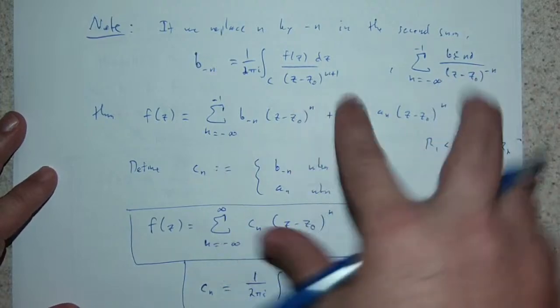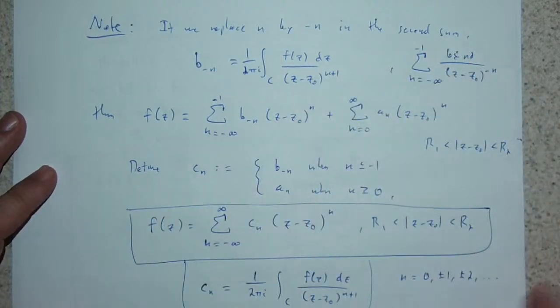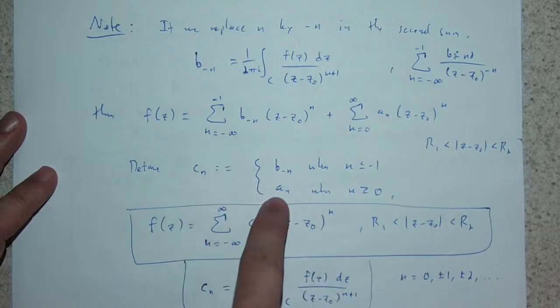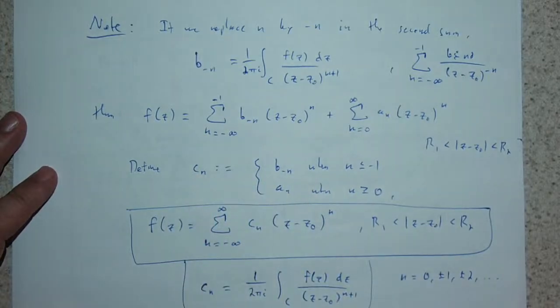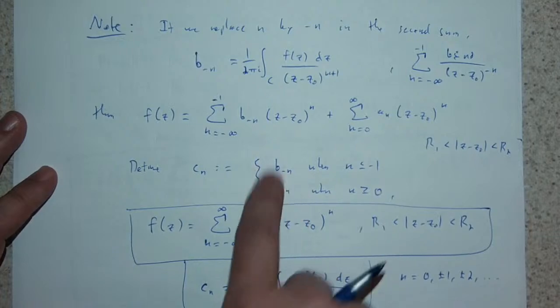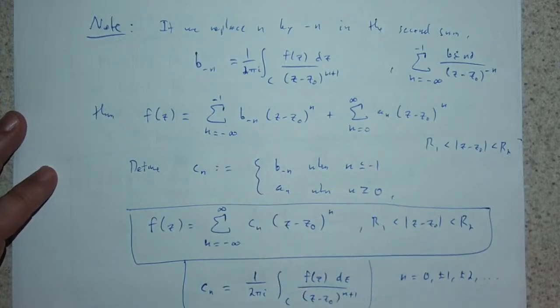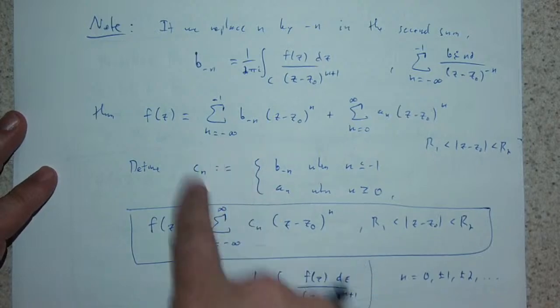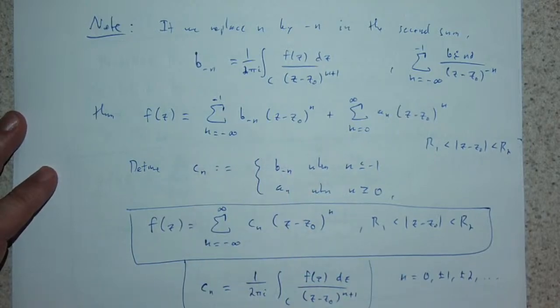Combining this with my other series, I can write these together as a sum from n equals minus infinity to infinity, where I've bundled my coefficients together. Of course, I could even relabel these as a sub minus n. I could actually use the same letter here if I really wanted to. But here, this is one single bundle containing all of these coefficients, summing from minus infinity to infinity.